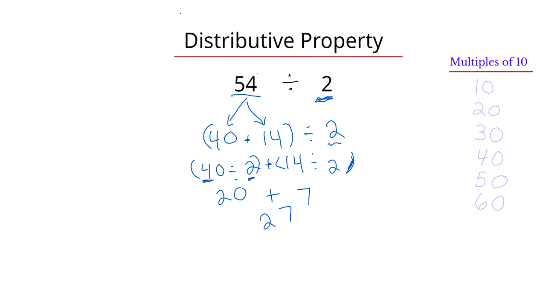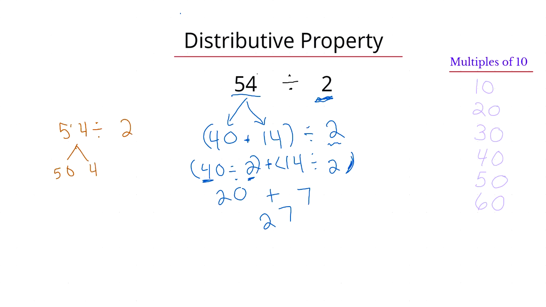Keep in mind, just so you know, for those who are wondering, let me change the color. You could have used any number and gotten the answer. For instance, remember in the beginning, I told you about that 54. I'm just going to do it so you see. For 54 divided by 2, I can break this number down to 50 and 4.